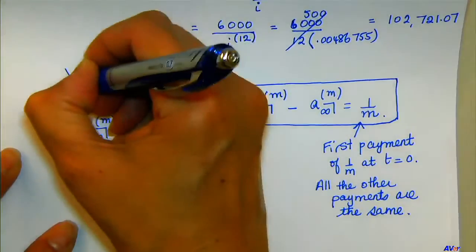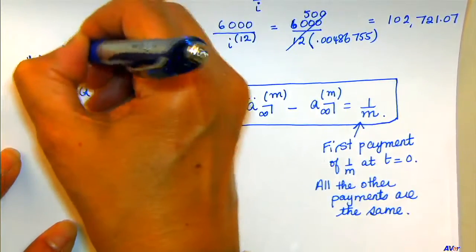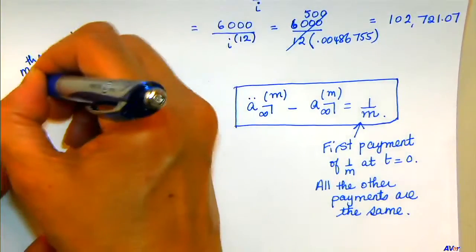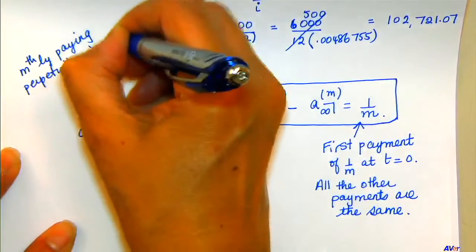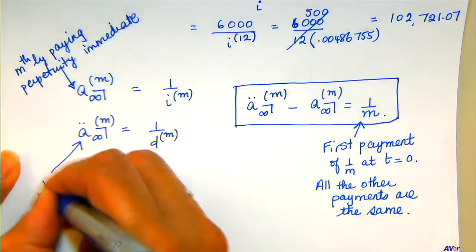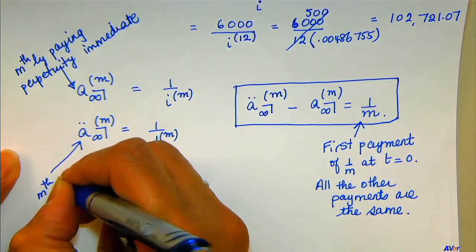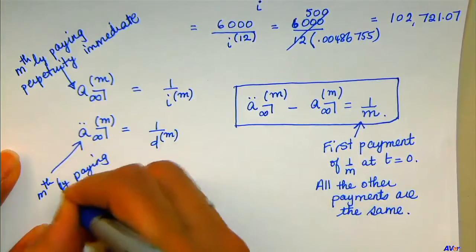So here's a monthly paying perpetuity immediate and monthly paying perpetuity due.